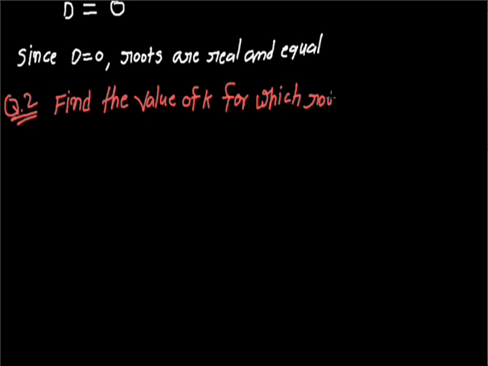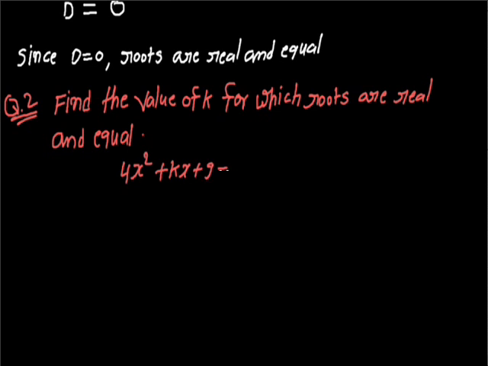Our next question is: find the value of k for which roots are real and equal. Okay, and the equation is 4x square plus kx plus 9 is equal to 0. Okay, we have to find such a value of k for which the roots of this equation are real and equal.